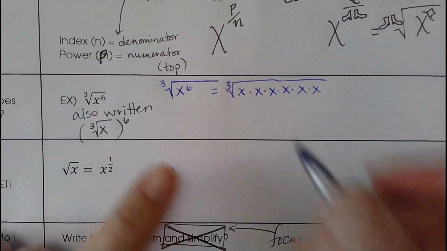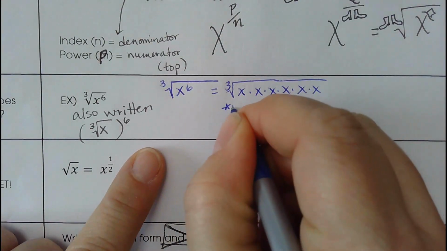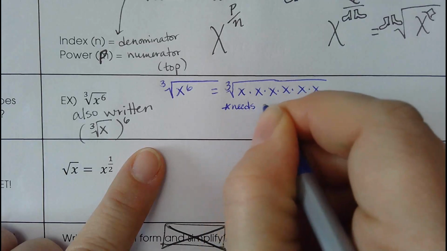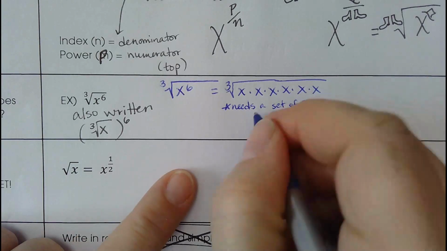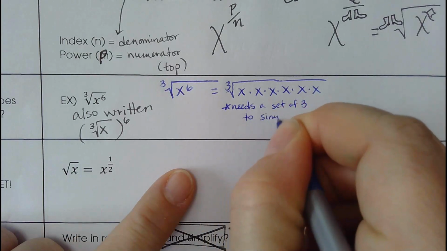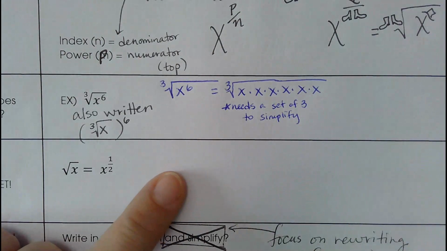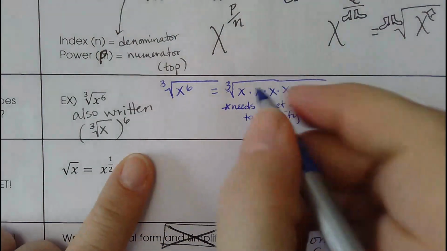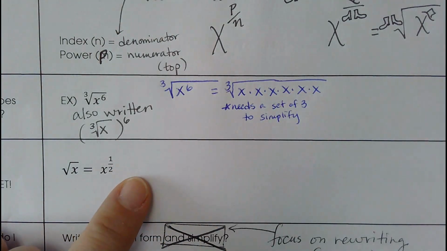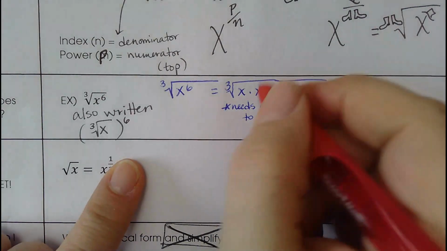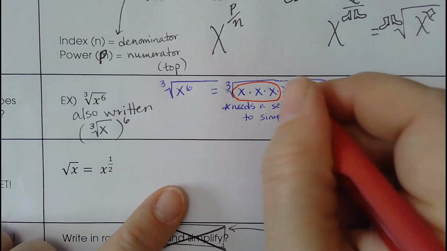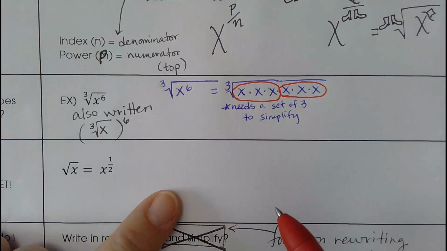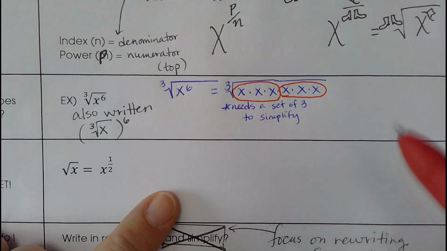Since it's a cube root, I need sets of 3 matching factors. And I do have 2 sets of 3 here. Here's a set of 3 x's, here's another set of 3 x's. So for each set of 3, I can pull out 1 x to represent the set.